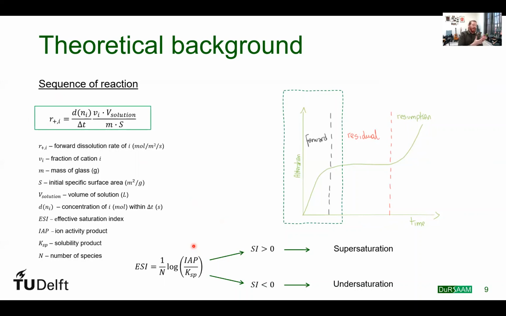So ESIs are calculated individually for each phase that could be formed. A positive value indicates supersaturation of that phase in the solution, so it is favorable to be formed, and negative values indicate undersaturation, so it won't be formed.